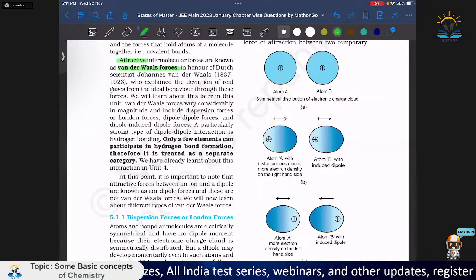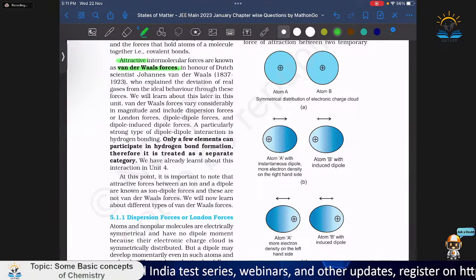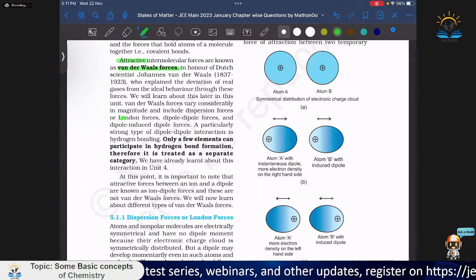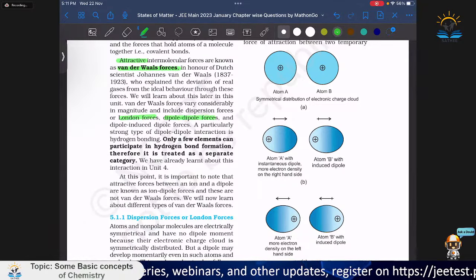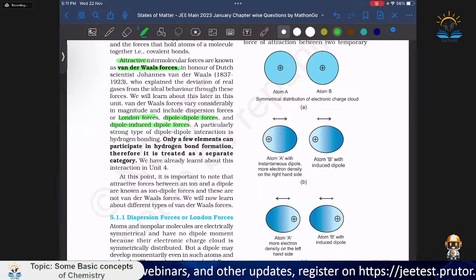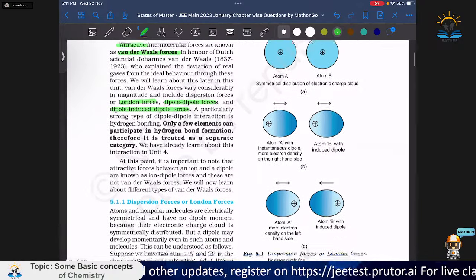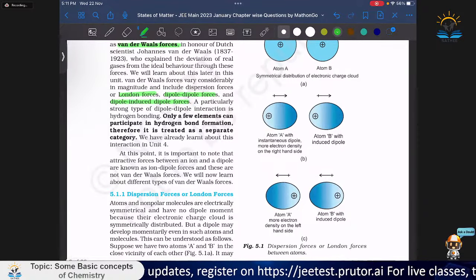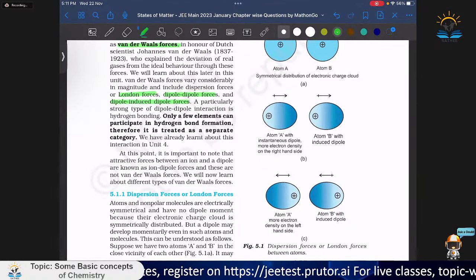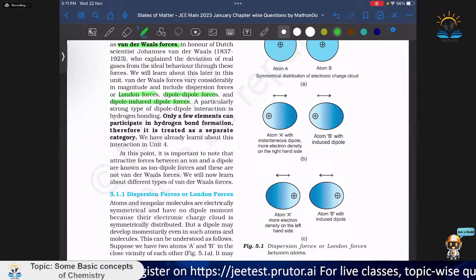Otherwise, in van der Waals forces, we include the London forces, the dipole-dipole, and the dipole-induced dipole. Right. London forces are induced dipole, then we have dipole-induced dipole, and then dipole-dipole.